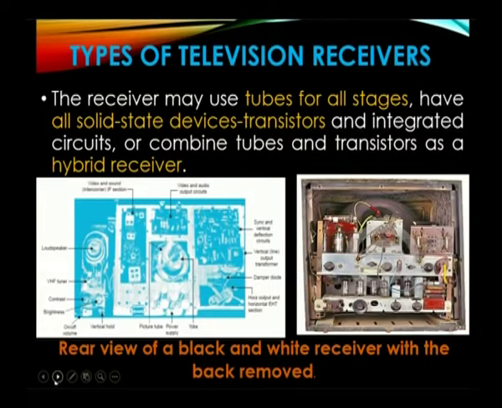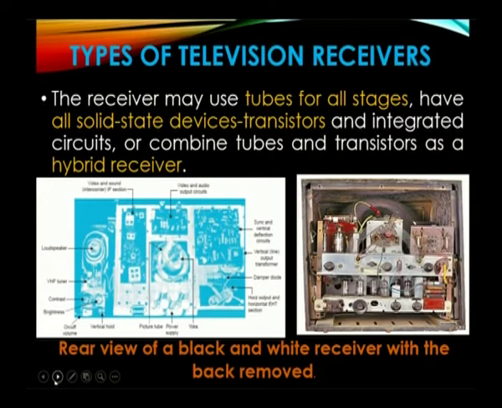After that it evolved, the tubes were replaced and all the devices are solid state, or transistors are also used with integrated circuits. This is the second type, where we use solid state devices, transistors, integrated circuits.